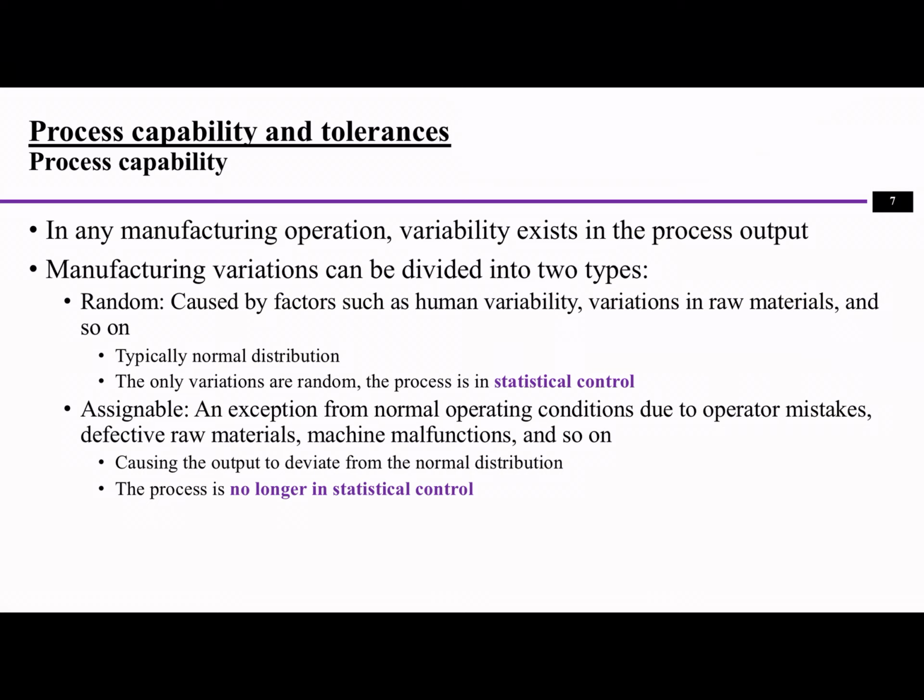So we say those errors are not acceptable, and we have to find out the root causes and what the problems are, so we can fix them in order to get rid of this assignable error or variation, and only leave the random variation in it. So if there is any assignable variation, we say that the process is no longer in statistical control.